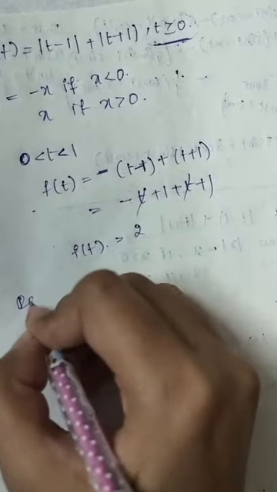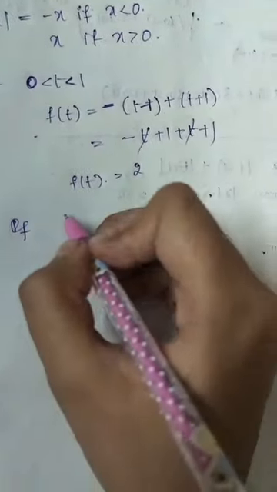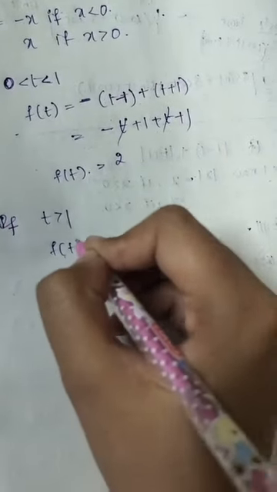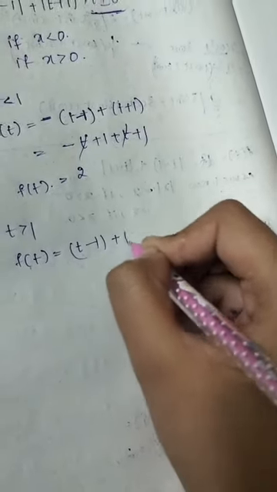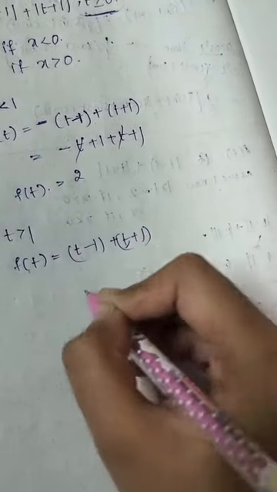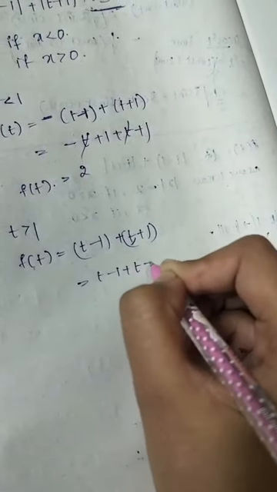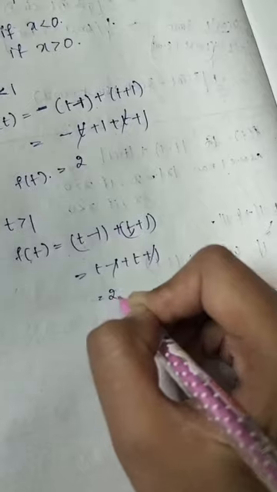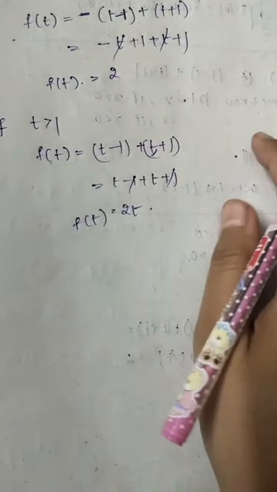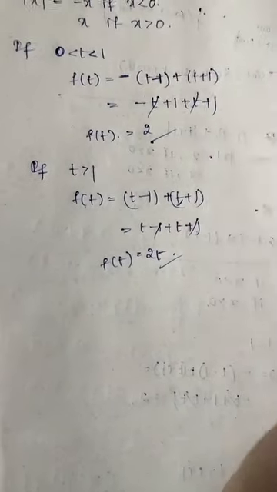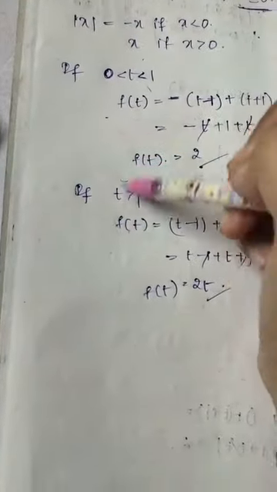Now what if t is greater than 1? If t is greater than 1, we are keeping this as it is. Then t minus 1 plus t plus 1, so we get 2t. F of t is equal to 2t. Now these are what we got when we use these conditions.